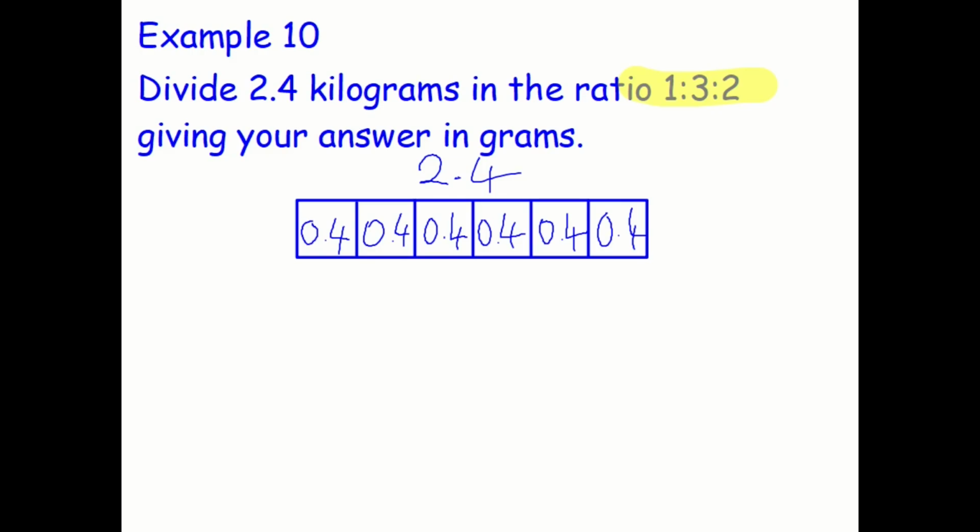And if we split it in the ratio 1 to 3 to 2, that's going to give us a final answer of 0.4. I know that the question's asking me for it in grams. So 0.4 to 1.2 to 0.8.